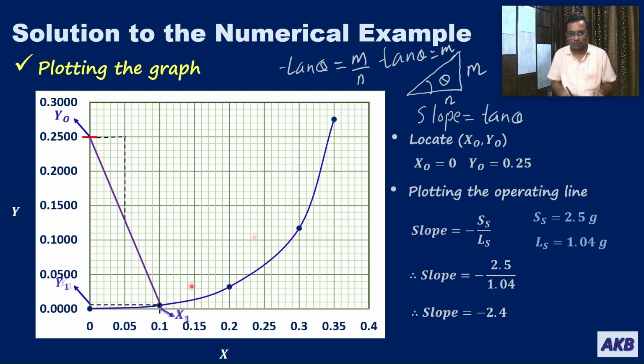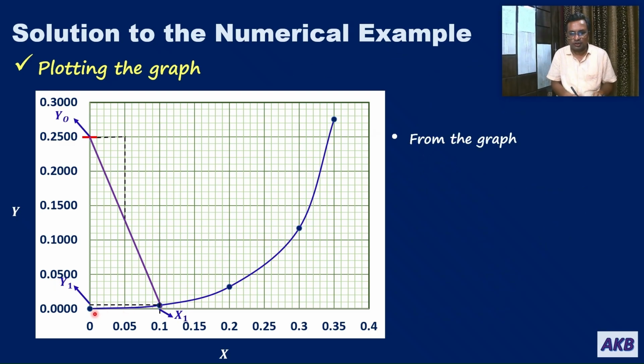So let us move ahead. Now from the graph, if you check, x1 is 0.1 and y1 is 0.0053. Luckily, the line intersects the equilibrium curve at a point which is given to us. So for that point, x1 is 0.1 and capital Y1 is 0.0053.